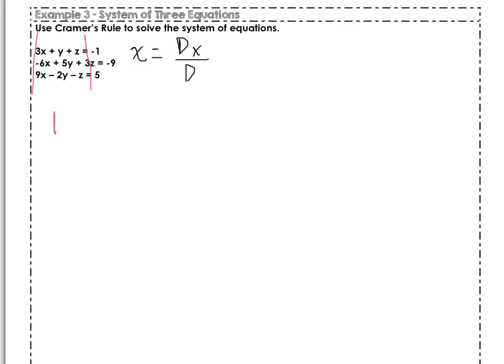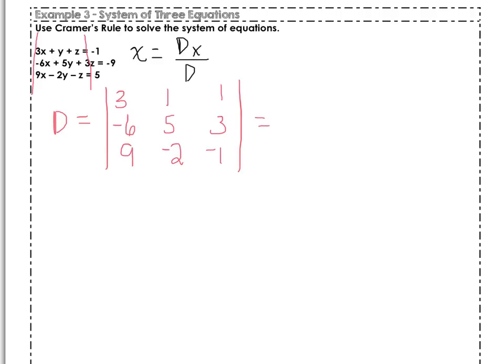So determinant d, let's worry about him first. First column, I'm going to fill in my coefficients for the x values. Then my second column, I'm going to fill in the coefficients for the y values. It's important to recognize coefficients that are 1 still exist, so there's still a coefficient of 1. And there we have determinant d.